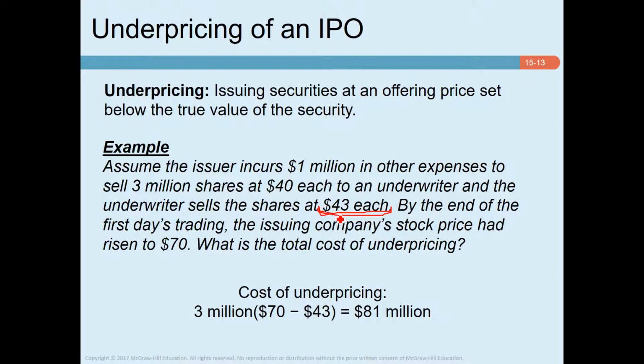So that's the price at which the share was sold to the general investor. On the first day of trading, the share price rose to $70. So the difference is the amount that was actually lost by the company. And with 3 million shares, $81 million was basically lost because the shares were underpriced. So that's the reason I say that underpricing can be pretty expensive to the company.